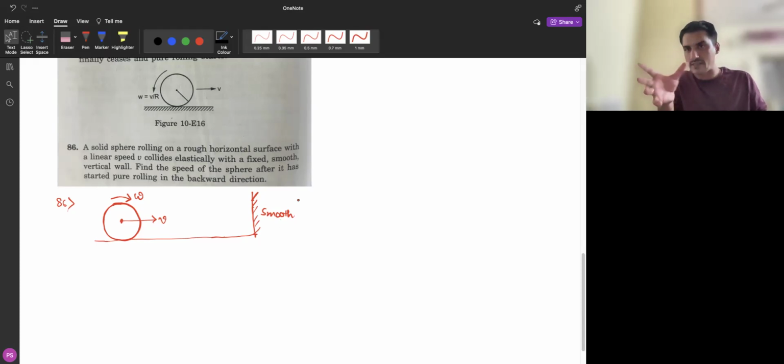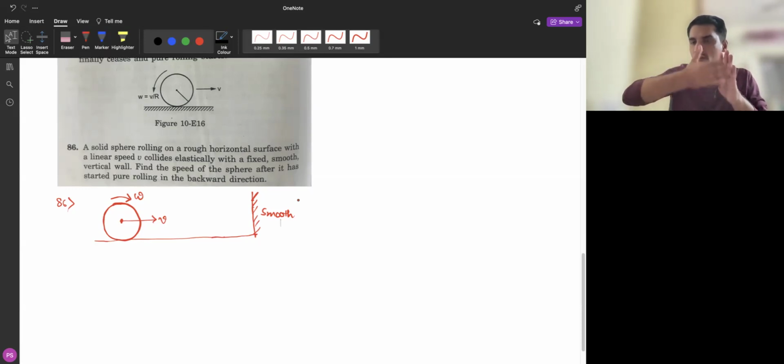So when it reaches the wall, if there is no friction on the wall, observe carefully, then friction has to oppose the motion of it here, means it should not rotate.